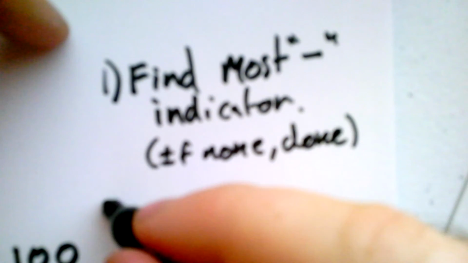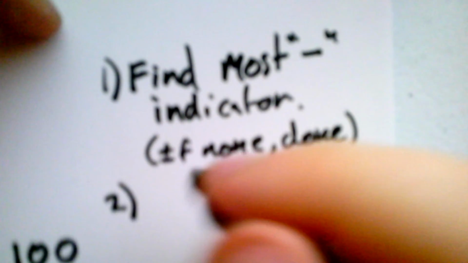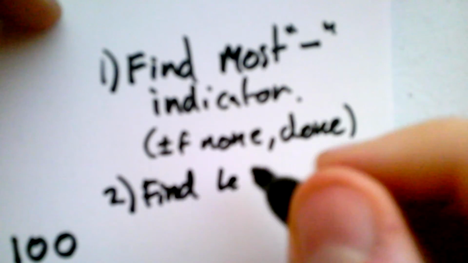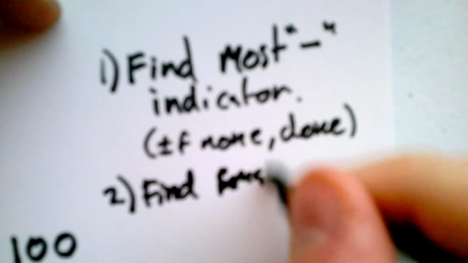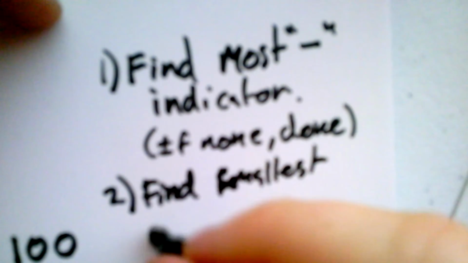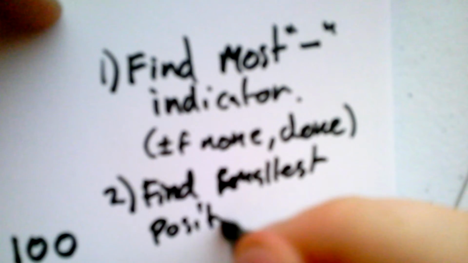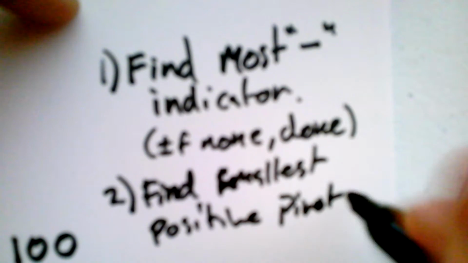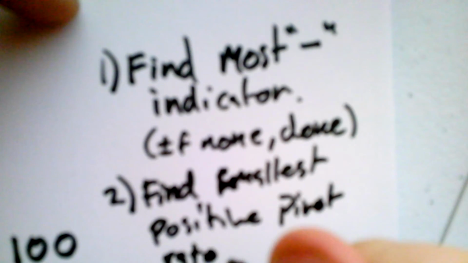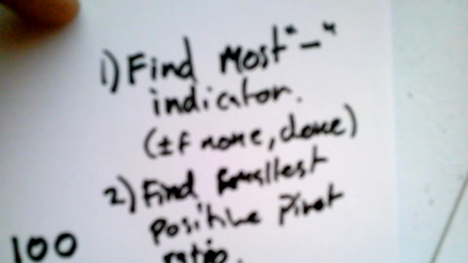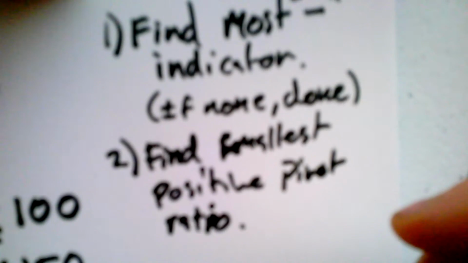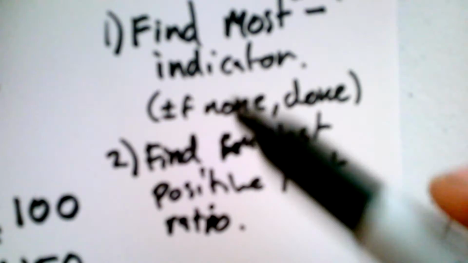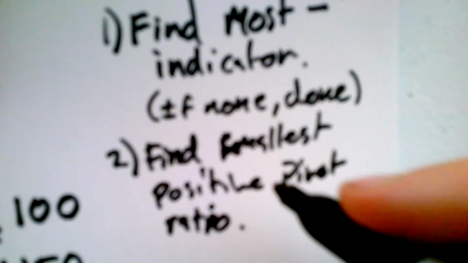If not, go to step 2. Step 2 is find the smallest positive pivot ratio. That determines the pivot row. The first determines the pivot column, the second determines the pivot row.